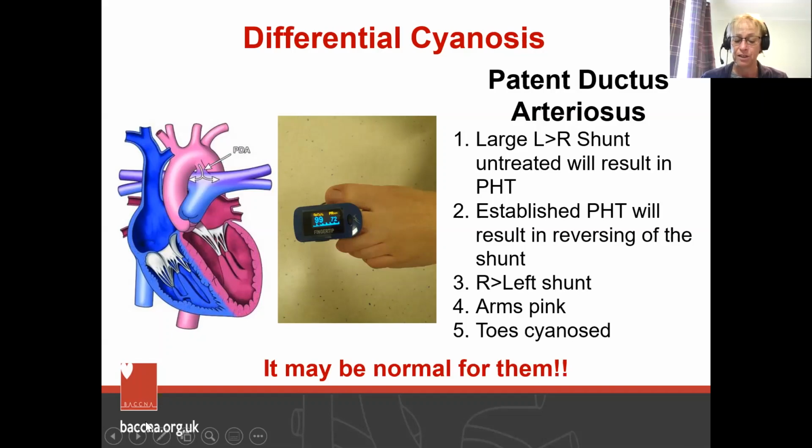So patients with this condition will have normal oxygen saturations in the upper limbs, but they may have profound cyanosis and clubbing in the lower limbs. And this is called differential cyanosis. So you may on occasion be asked to check the oxygen saturations in the feet as well as the hands. And remember, it might be normal for that patient.